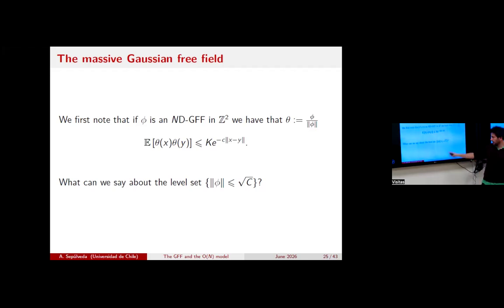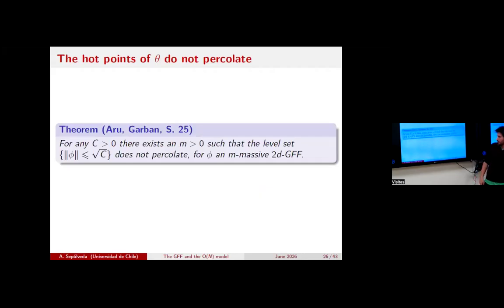So these are the warm places. These warm places are small enough, depending on the mass. For any C, there is a mass such that the level set where phi is smaller than square root of C does not percolate for a massive GFF. That's in general, and this will work as long as the massive GFF has dimension at least 2.